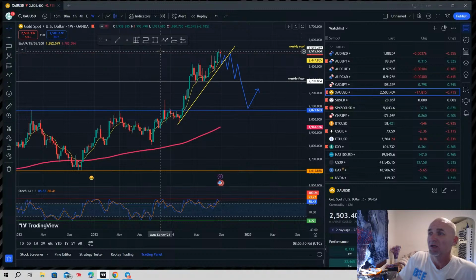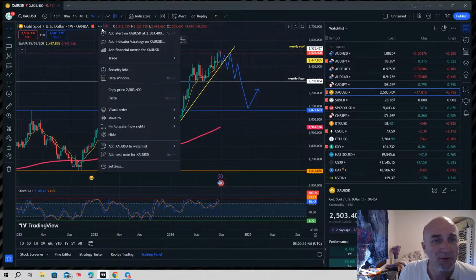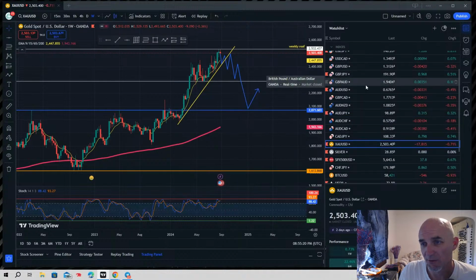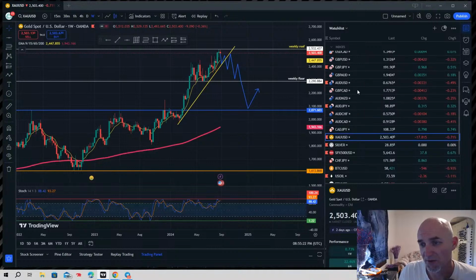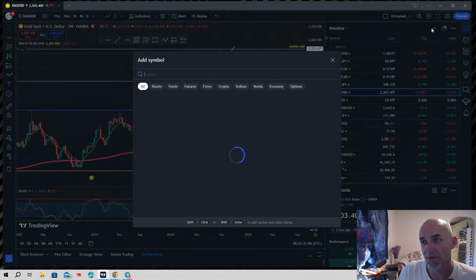So we get to, there's options. Whenever you want to add on more indices, look at your watch list over here that I just made bigger, so you can see all the information. It gives you the price and the change and what's been going on. Basically, it keeps you up to date with the percentages of the price movement in the watch list.